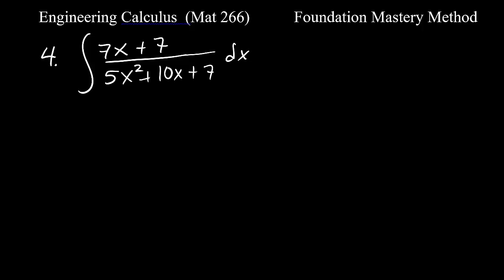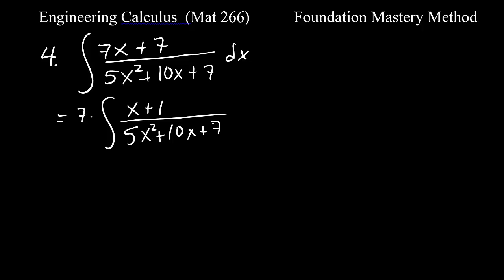In this fourth example, we have something where it does not look like initially logarithms are involved, but we'll see that they are when we make our substitution. So first, let's notice that we have a 7x plus 7 in the numerator, so we can factor out a 7, and we'll have 7 times the integral of x plus 1 over 5x squared plus 10x plus 7.